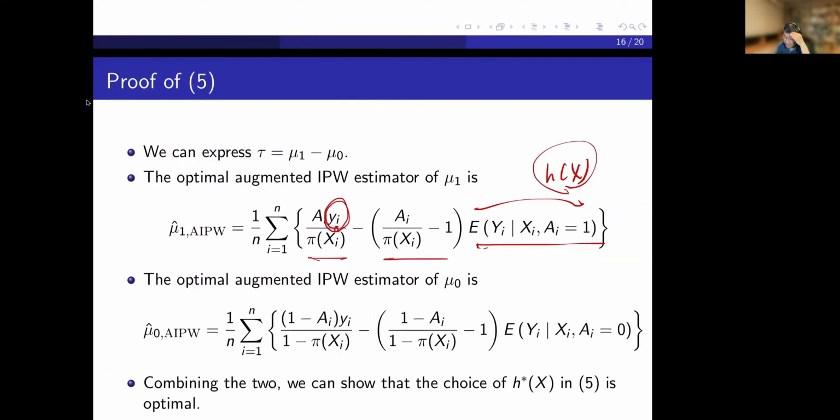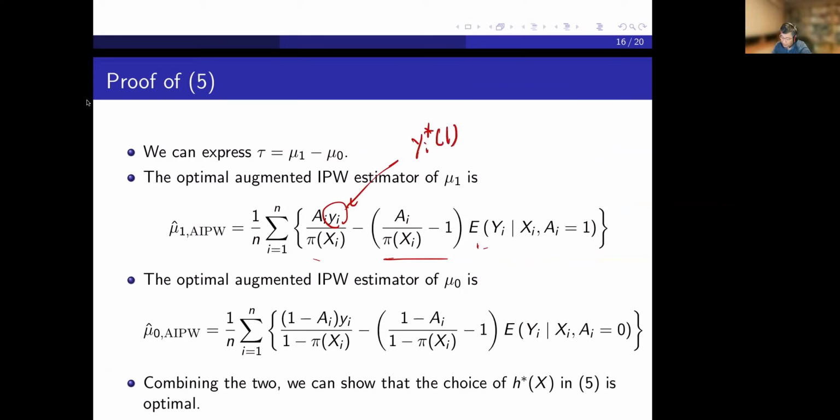But we need an equality. So actually, let me write this to be more rigorous. This one, multiplied by a, you will get y_i star 1.